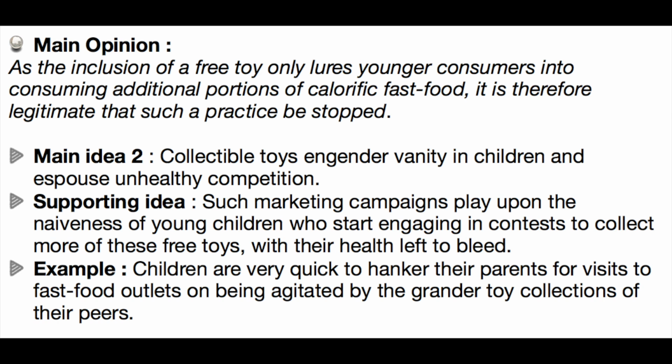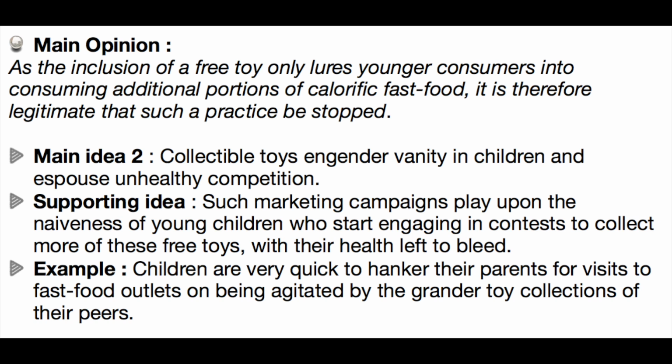We begin with main idea 2, which is the second why behind the main opinion, and it reads: collectible toys engender vanity in children and espouse unhealthy competition. Let's have a look at the explanation of that, which is the supporting idea. Such marketing campaigns play upon the naiveness of young children who start engaging in contests to collect more of these free toys with their health left to bleed.